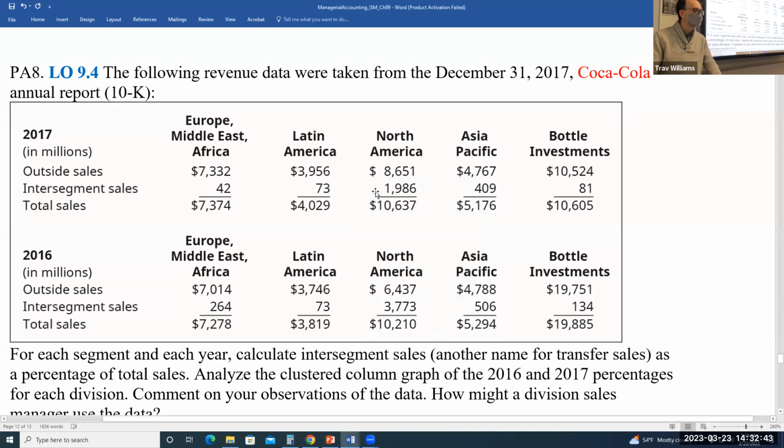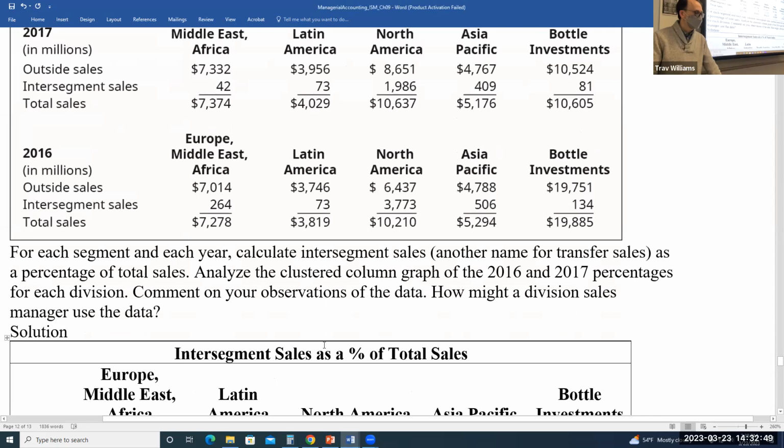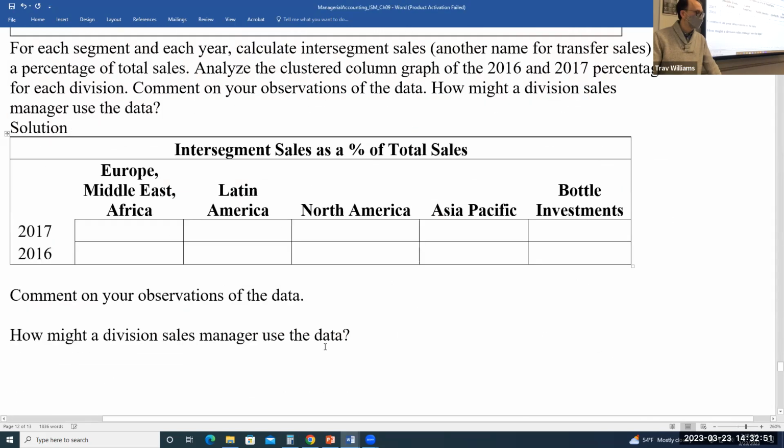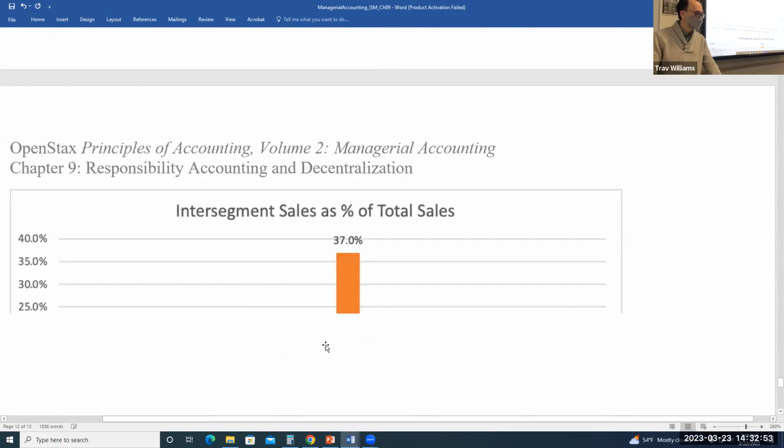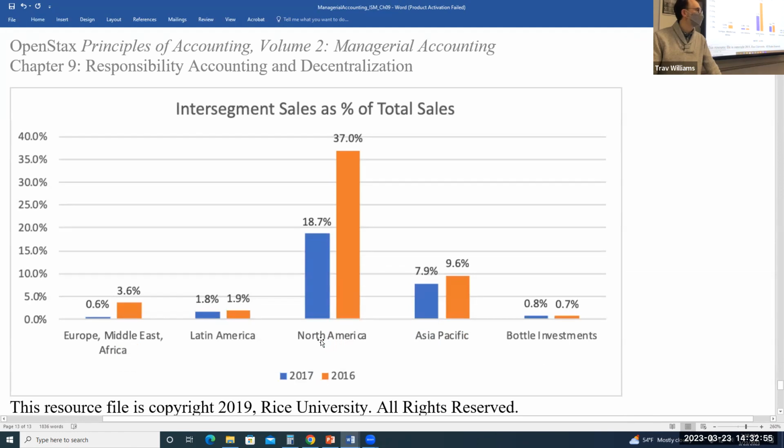And we would do that for each of these regions for each year. I'm not going to make us go through it because the answers are right there in the chart. I usually do make us go through it, but I'm not going to do that today.